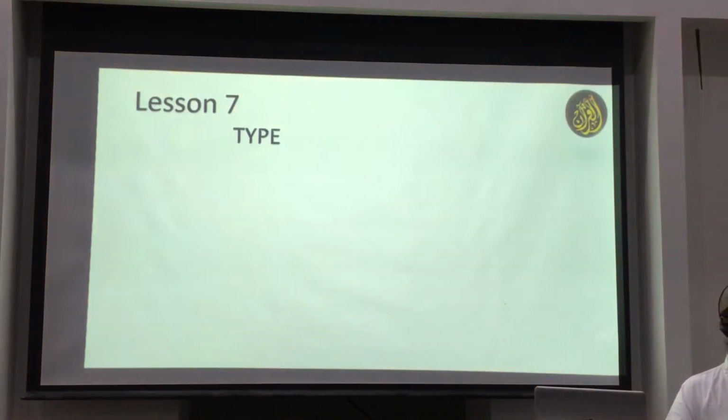Not normal plural, broken plural, either human broken plural or non-human broken plural. Non-human broken plural means like books, pens, okay? These are non-human broken plurals. And like cars, okay? No, cars is not a non-human broken plural, it's a normal plural. But anything else you can talk about, all these things are feminine.